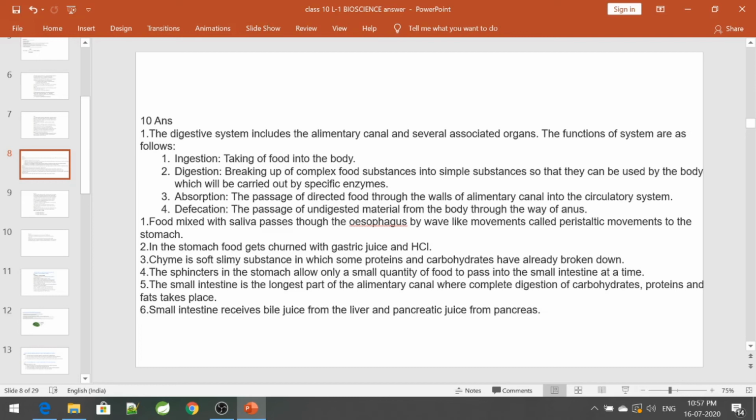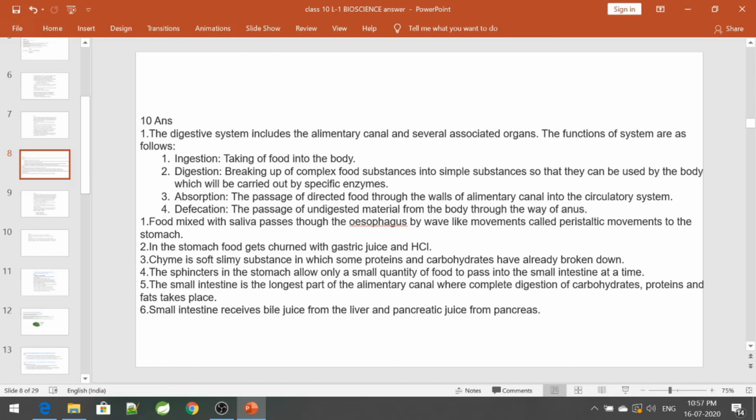Digestion, breaking up of complex food substances into simple substances so that they can be used by the body, which is carried out by specific enzymes. Absorption, the passage of digested food through the walls of the alimentary canal into the circulatory system. Defecation, the passage of undigested material from the body through the anus.